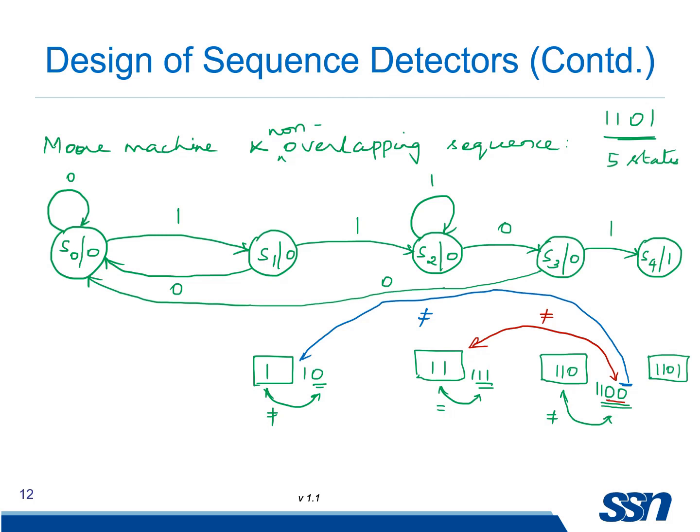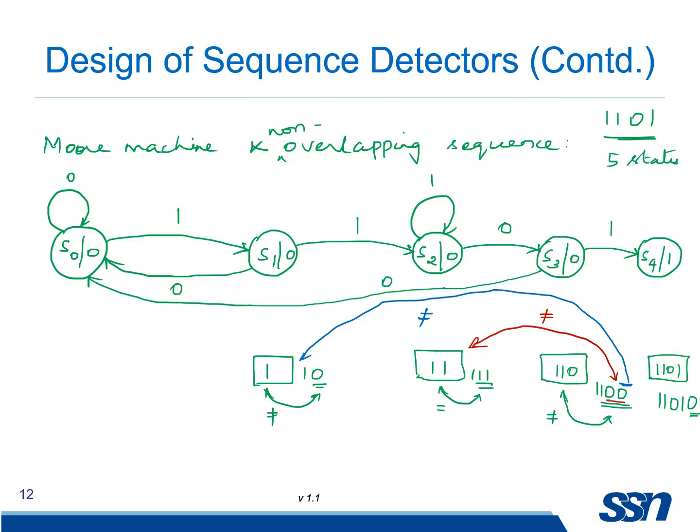Okay. And for this Moore machine, for non-overlap, after this, if I am receiving a 0, we compare this last bit with the 1-bit state. Here this is not equal.